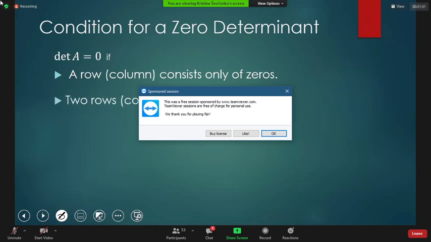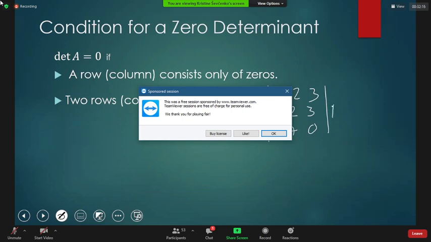Next, two rows or columns are identical. If two rows or two columns are identical, then let's say 1, 2, 3, 1, 2, 3, and 4, 7, 0, for instance. Remember, we could add any row to any other row multiplied by a number we like.